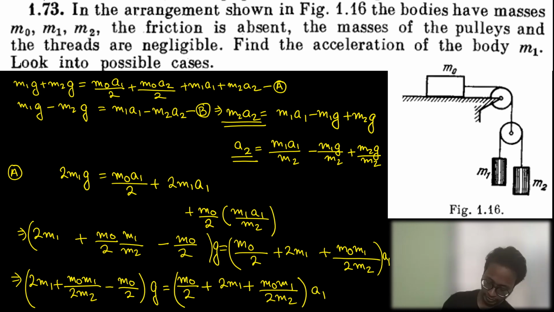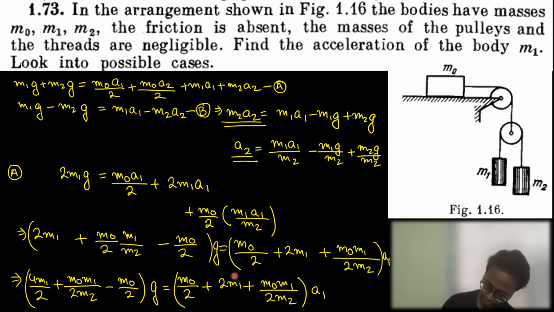Okay, what else can I do? See, can I multiply out here? 2m1, can I multiply the numerator by 2 and divide it by 2? So this can be written as 4m1 by 2. 2m1 can be made as 4m1 by 2, no? So I'm doing the same thing out here. What I'm trying to do is make all the denominators 2 and cancel out the 2.